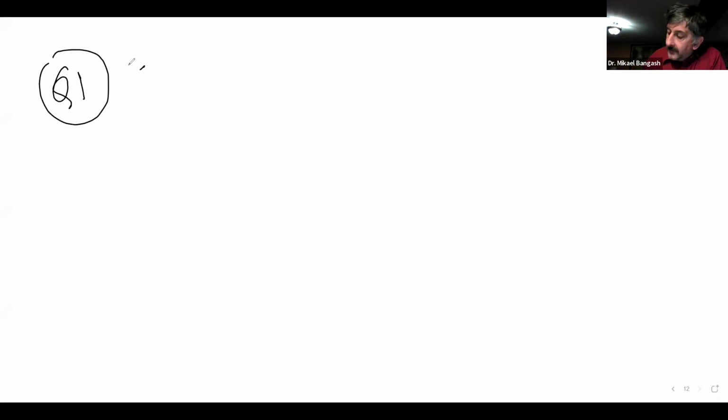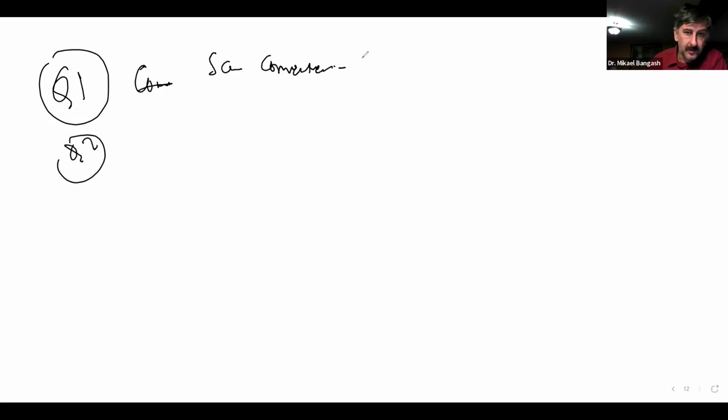Question number 1: which electronic component is required for grayscale imaging? The only thing that we see here that we have talked about is a scan converter. Good.